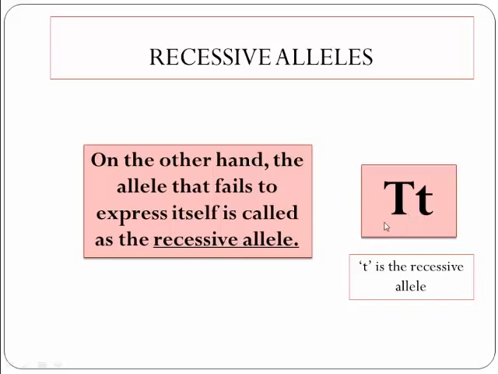The capital letter one is able to express itself, and the small letter one is not able to express itself. So, the recessive alleles are those alleles that fail to express themselves.